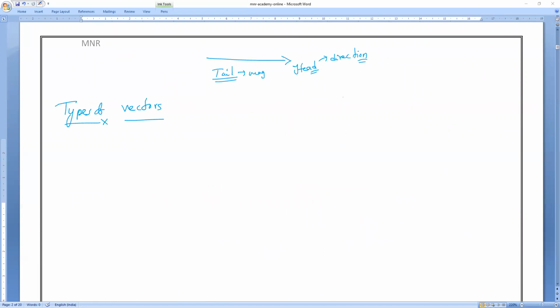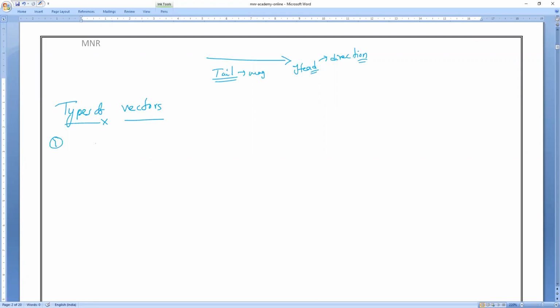Yes, sir. Okay. So now, types of vectors. We have many types of vectors. Even in class 9th you might have seen them, but not in that much detail. Let us discuss the first type, equal vector.